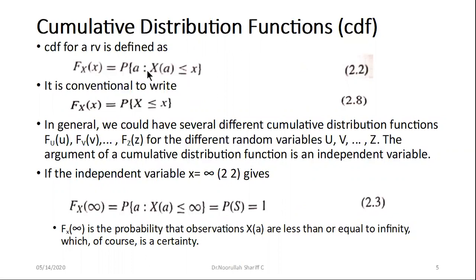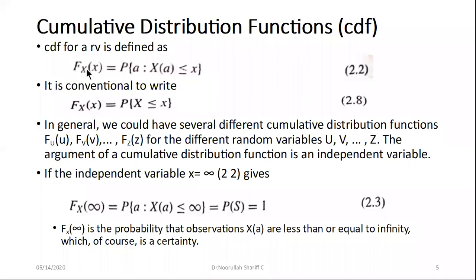Generally we drop this A, so it also gets dropped. Then by convention we can write this also. Even though it is there at 2.8, because both are related, it's better to specify it at this place. So this is the probability of a random variable being less than or equal to x.